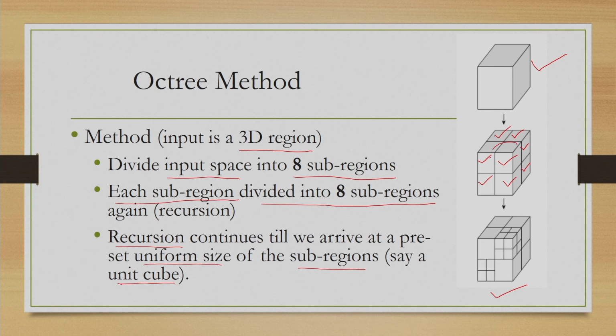Then each of these subregions is further divided into 8 subregions, like here, as you can see in this division. Again there are 8 subregions, 1, 2, 3, 4, 5, 6, 7, 8. Similarly, here also we divided, and all other subregions also we can divide.